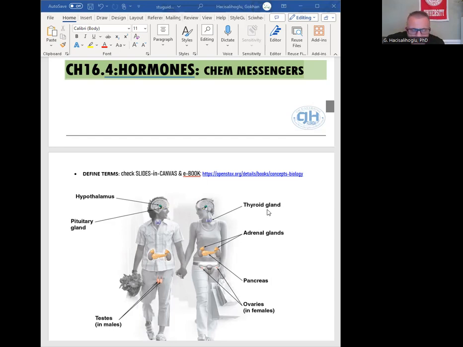There are other hormones like HGH, human growth hormone, which determines human growth. Also look that up. There are testosterone and the other hormones that we cover.